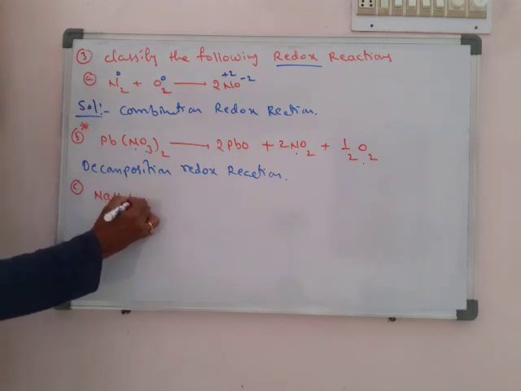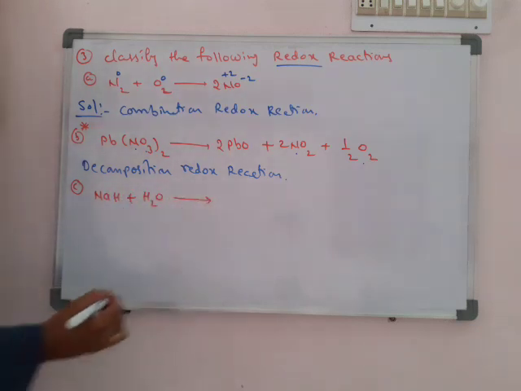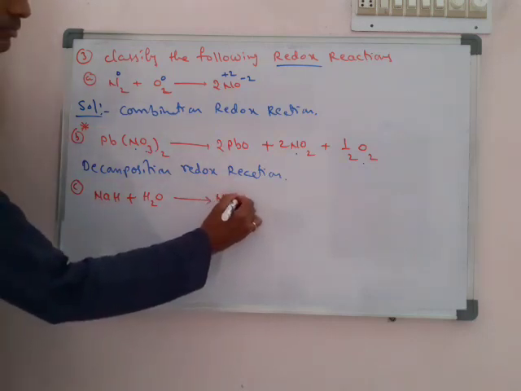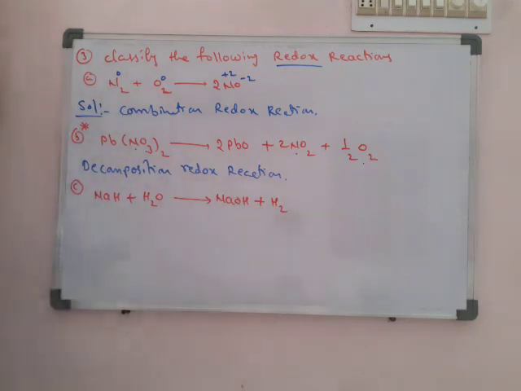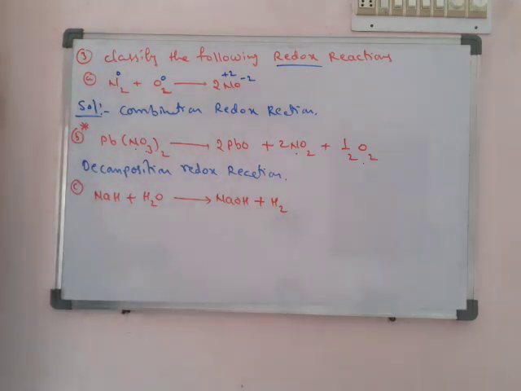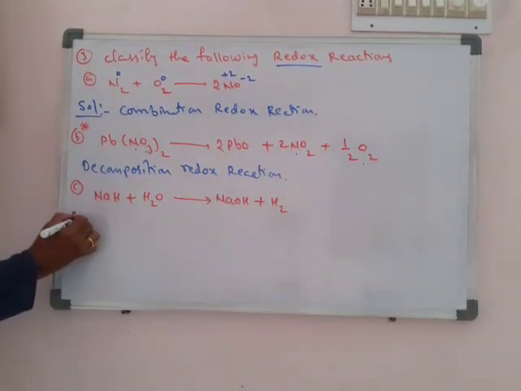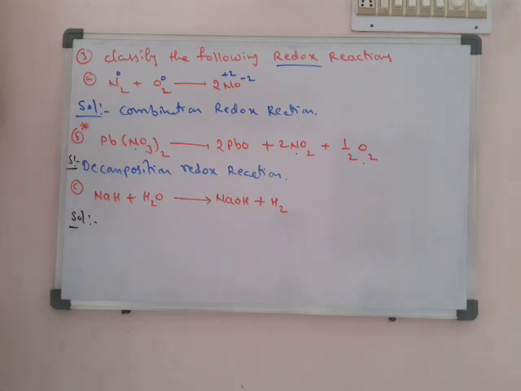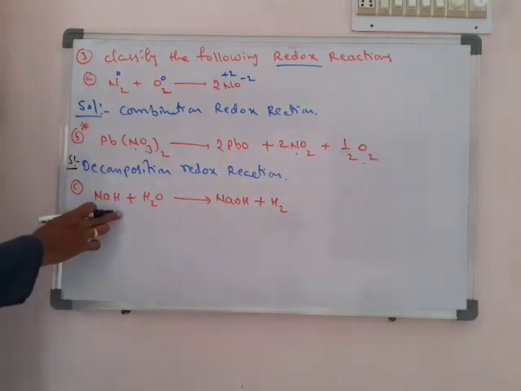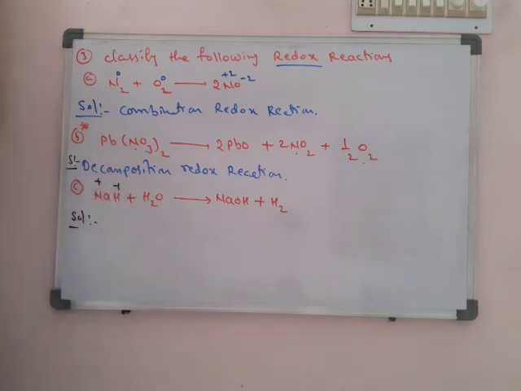Sodium hydride plus H2O gives NaOH plus H2. So here see the NaH, sodium hydride: Na plus, and the H is minus.